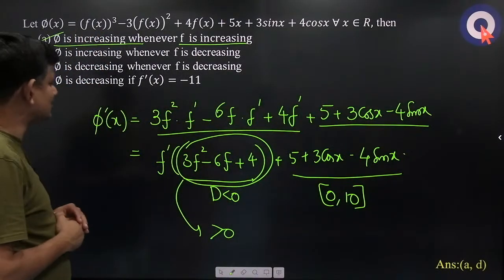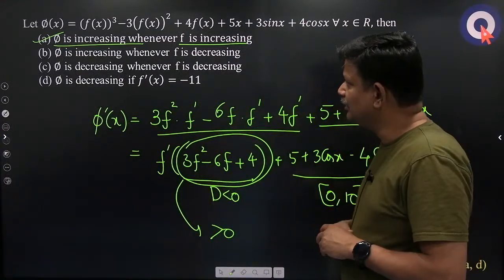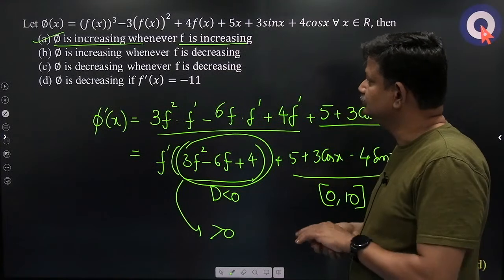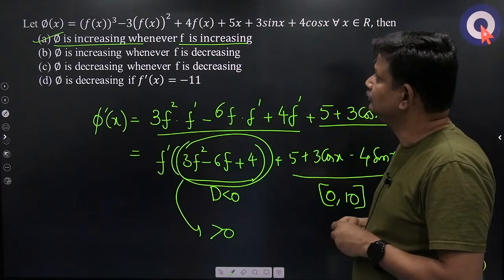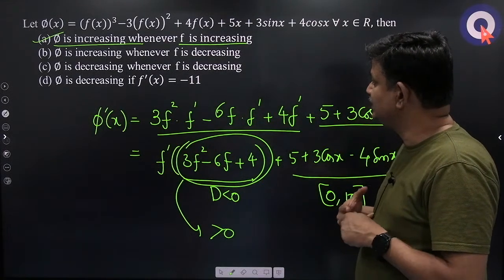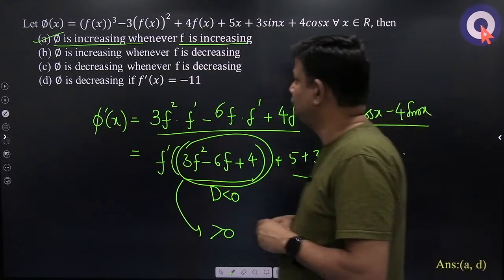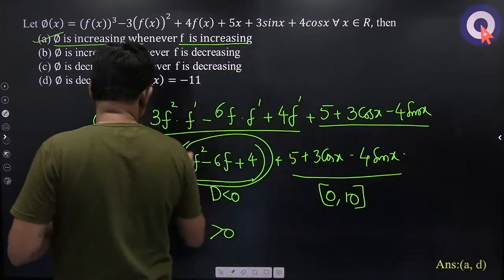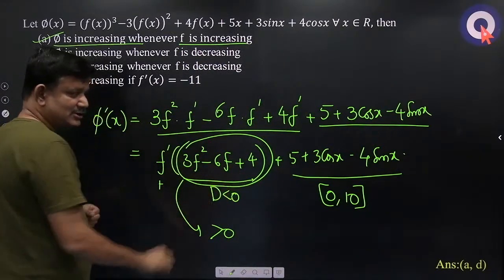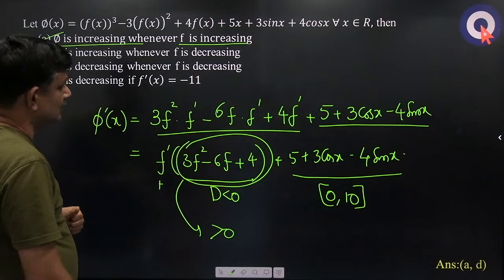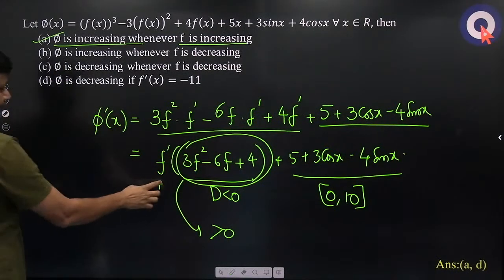Option A is absolutely right, because f is increasing, so f dash is positive. This quantity will always be positive. That quantity is always non-negative, so the sum will be positive.